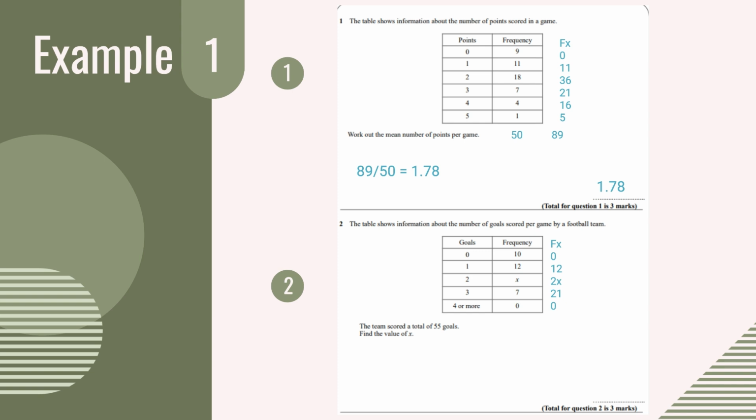We are given the information that the team scores a total of 55 goals, meaning our FX column must sum to 55. So we write down 12 plus 2x plus 21 equals 55, which can also be written as 2x plus 33 equals 55. Subtract 33 from both sides to get 2x equals 22, meaning x equals 11, so our final answer is 11.